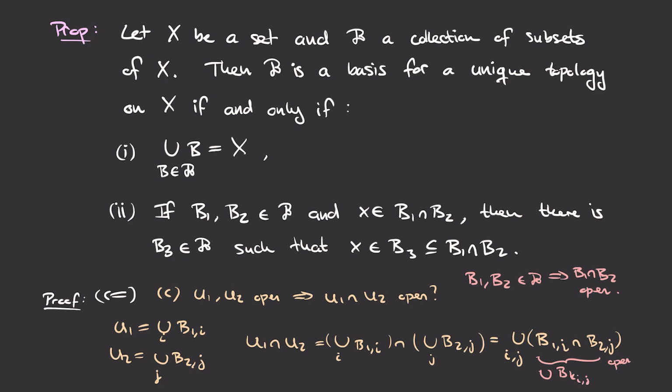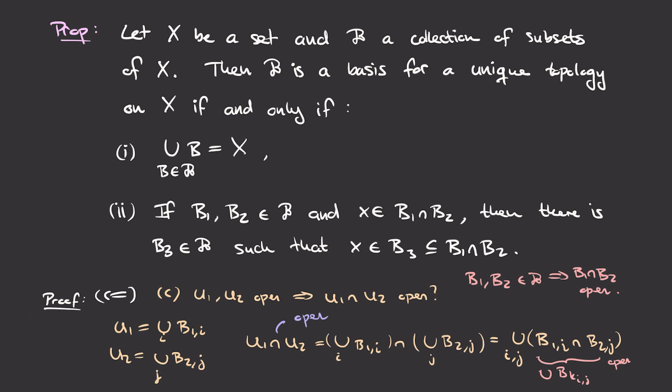In any case, each one of these intersections that occurs within this union is itself a union over basis elements, which in turn means that this entire expression here is just a big union over some basis elements, which shows that this intersection u1 intersection u2 is a big union over basis elements, and by our definition of the topology we're defining, this means that this is again going to be open.